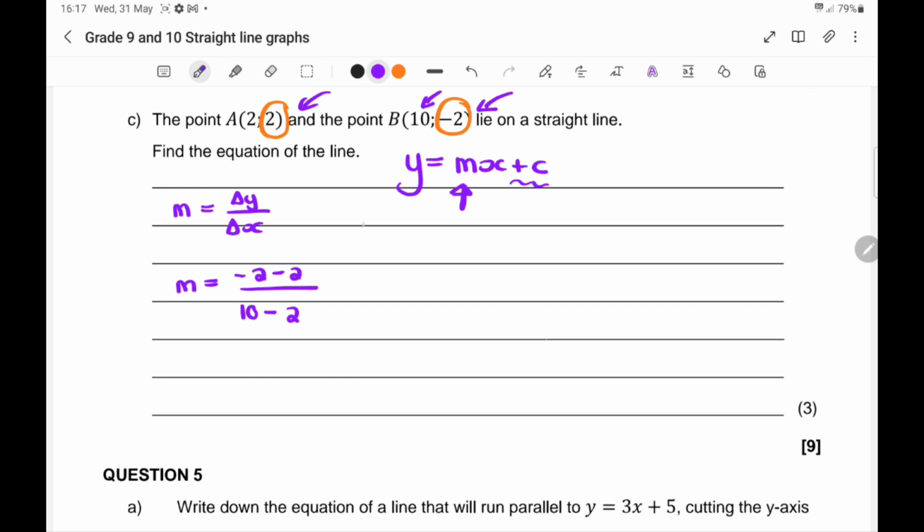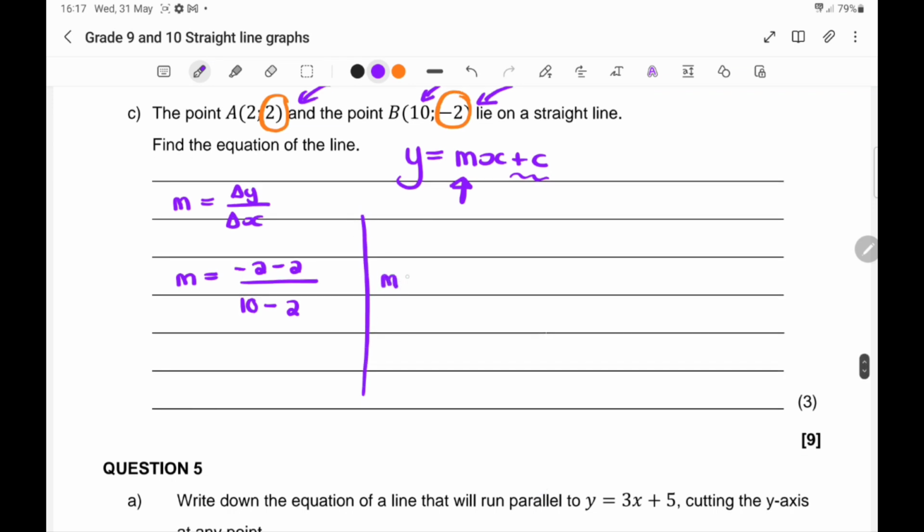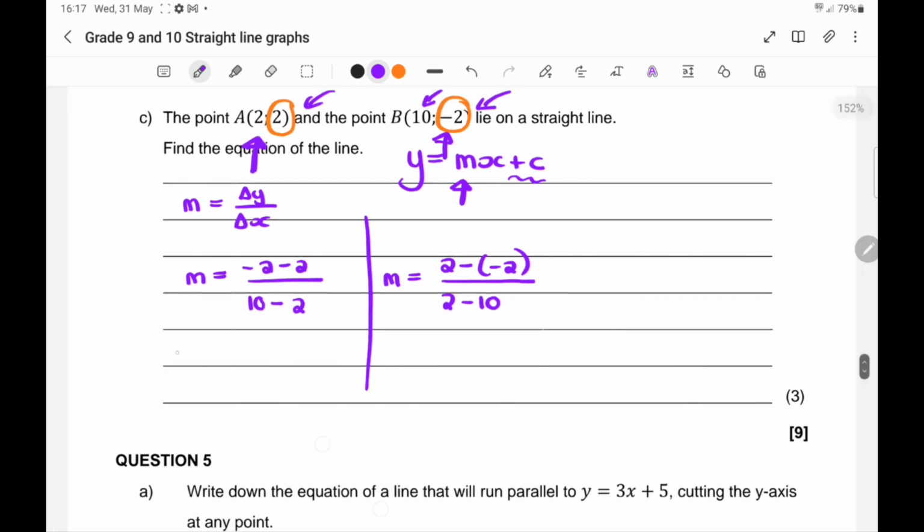You could have done it the other way around, just to show you. You could have said 2 minus 2 and 2 subtract 10. As long as you start with this one and then this one second. So for the x as well, start with this one and do the difference of the second one. Just to show you that it gives you the same answer.